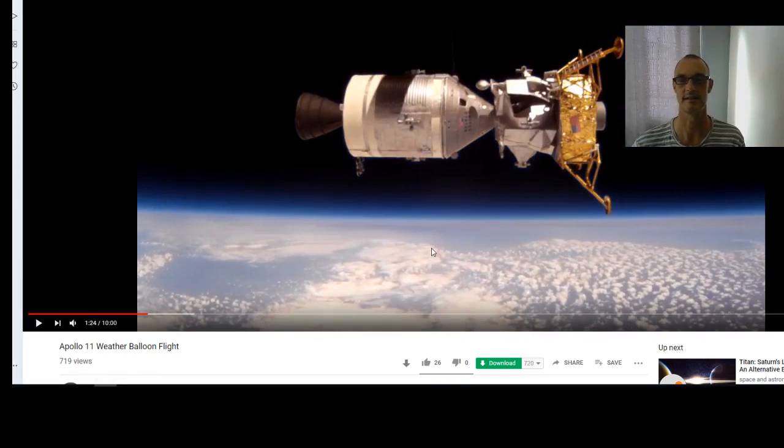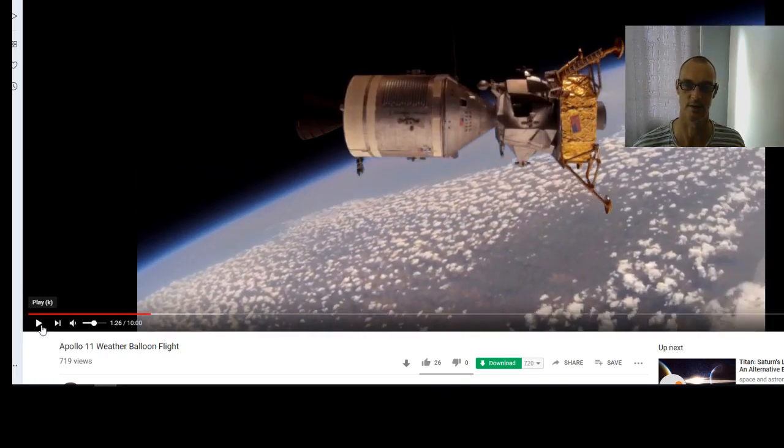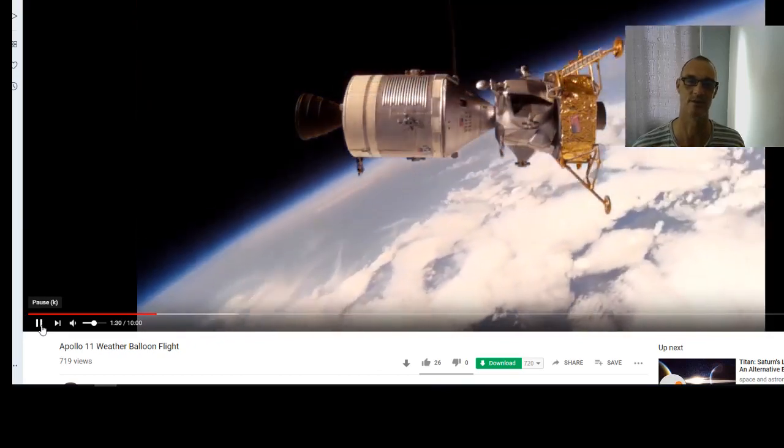This is simply a result of using a wide angle or fisheye lens, and so this is one thing that, if you start researching flat Earth and observations of alleged curvature, you have to look into: the properties of the lenses, and we can just see here this horizon bending backwards and forwards.